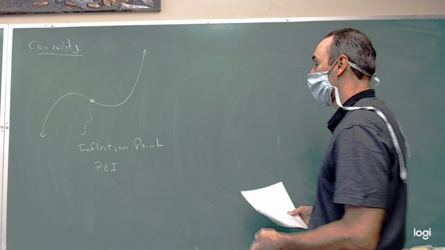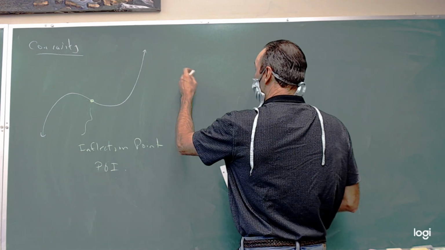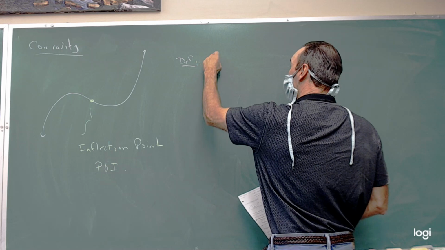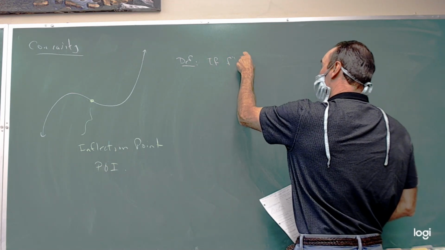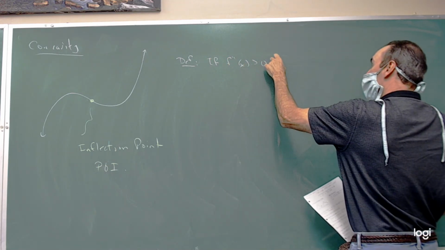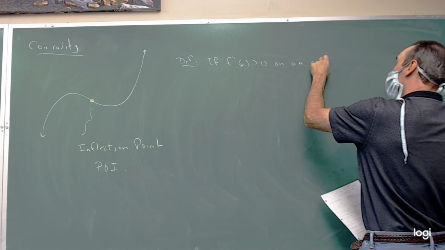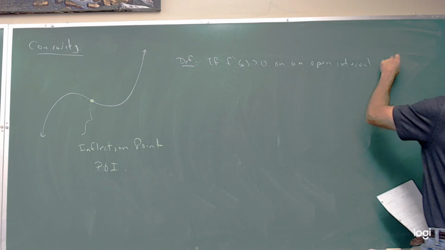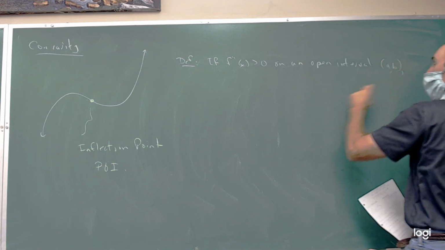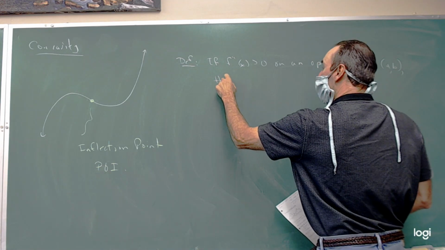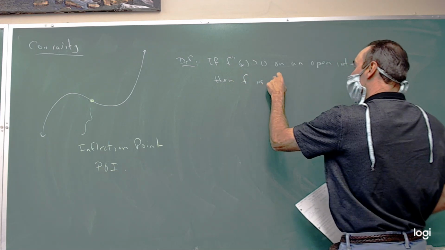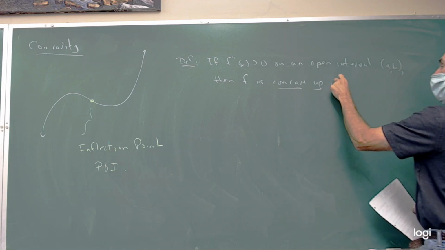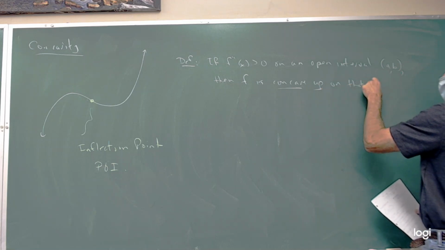Our book defines it this way: if f double prime of x is positive on an open interval, say A to B, not including the endpoints, then f is concave up on that interval.